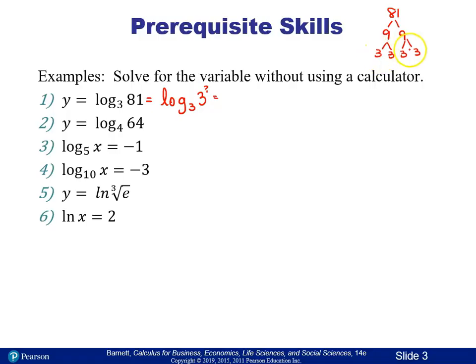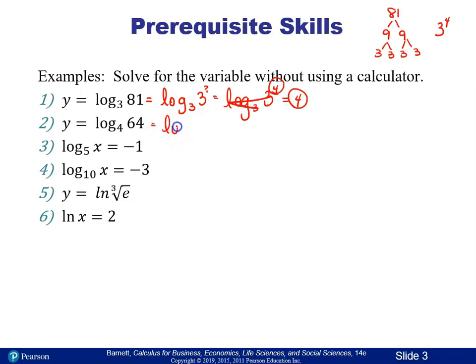So we'd have 3 to the 4th is going to be equal to 81 doing the factor tree. So this will be the log base 3 of 3 to the 4th. And that lets us use our property that says if this base and this base match, then all that cancels each other out and we're just left with our exponent, which is the 4.